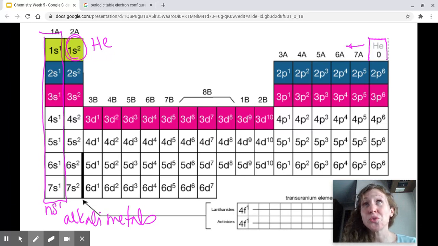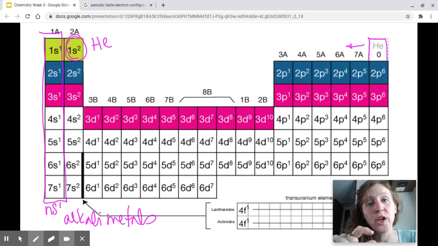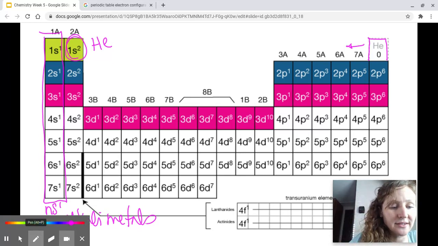They're all extremely reactive. The alkali metals are all extremely reactive. And in fact, when you find them in nature, you almost always find them in compounds, not elements, because they're so reactive.